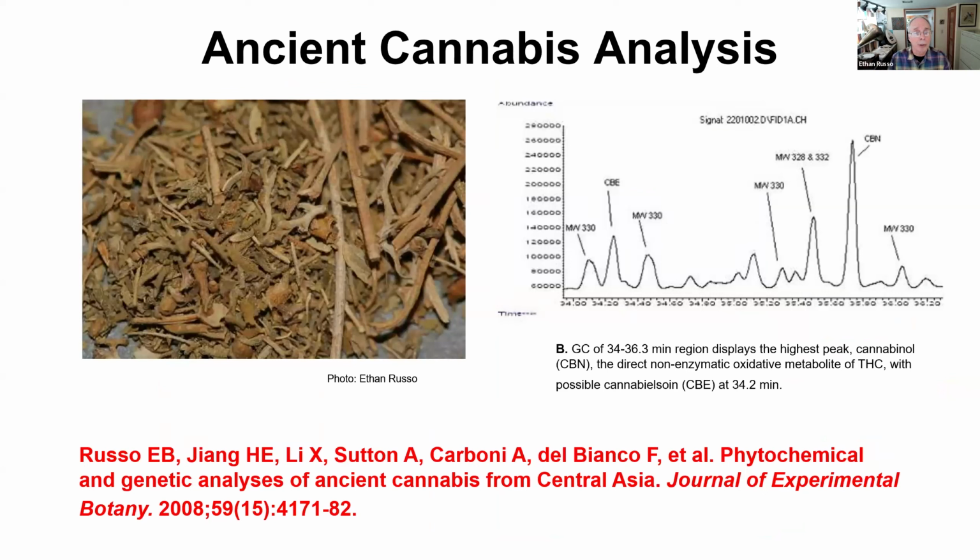This is what the material looked like grossly, obviously cannabis. But the biochemical analysis was of particular interest for showing cannabinol, again, a non-enzymatic oxidative breakdown product of THC, along with cannabidiolcine, another metabolite of THC.